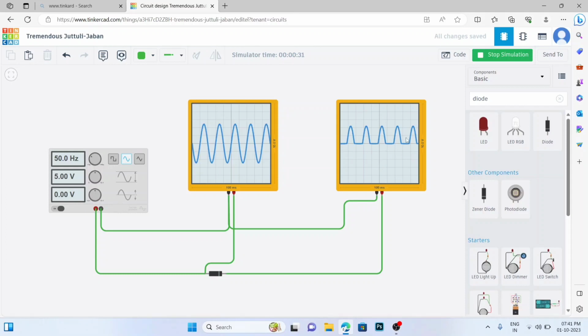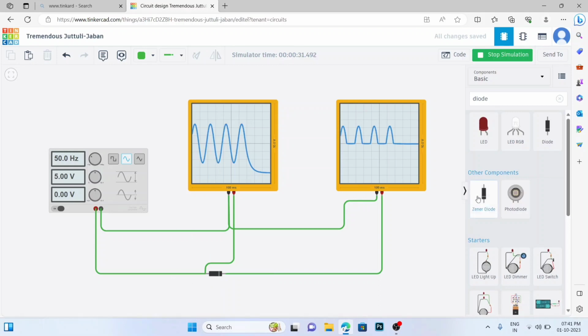When the positive pulse is going through the diode, that time it's conducting. When the negative pulse is going through the diode, that time it is not conducting. That's why you are getting this type of waveform.